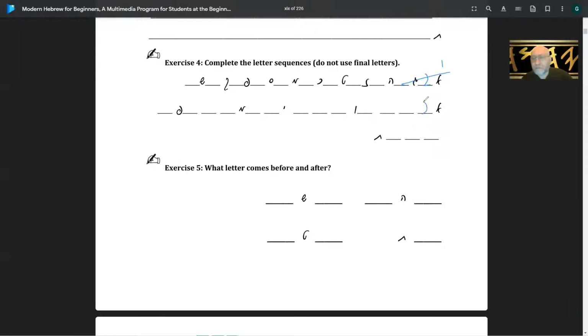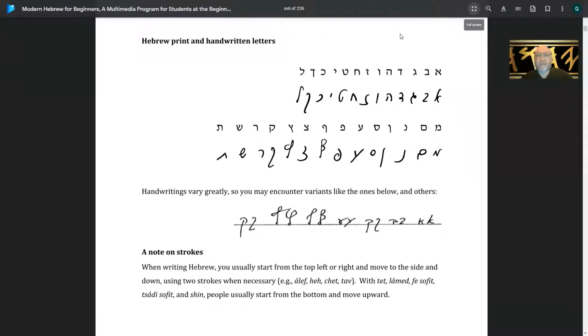Aleph, Bet, and I think it looks almost like a, and then this one is kind of like this. Aleph, Bet, Gimel, Dalet, and I think the Hey is kind of like that, but let's take a look at it. Okay, so there's Aleph, Bet, Gimel, Dalet, Hey.